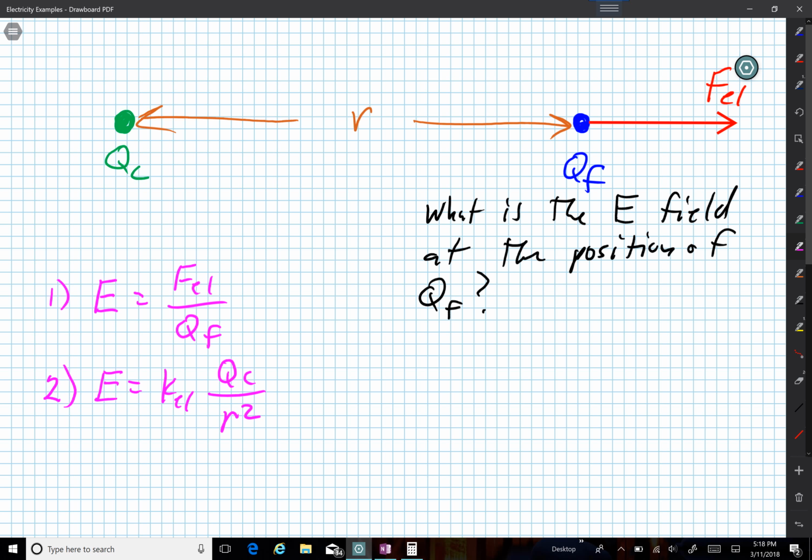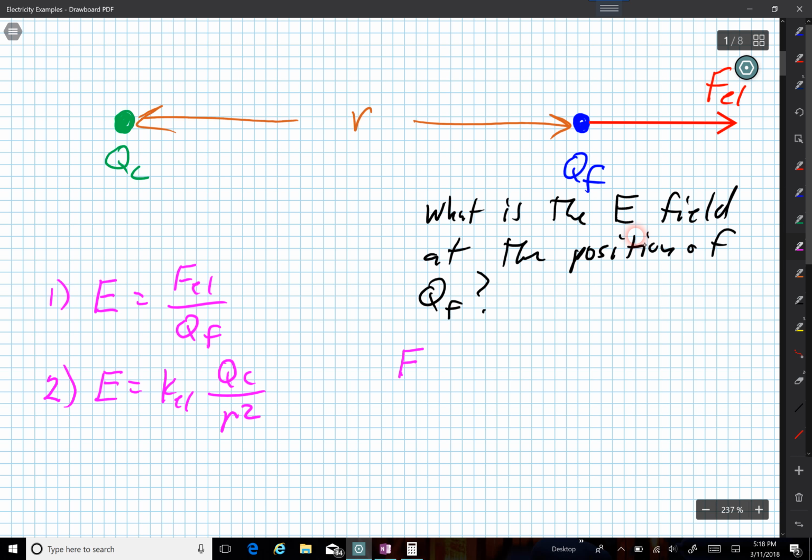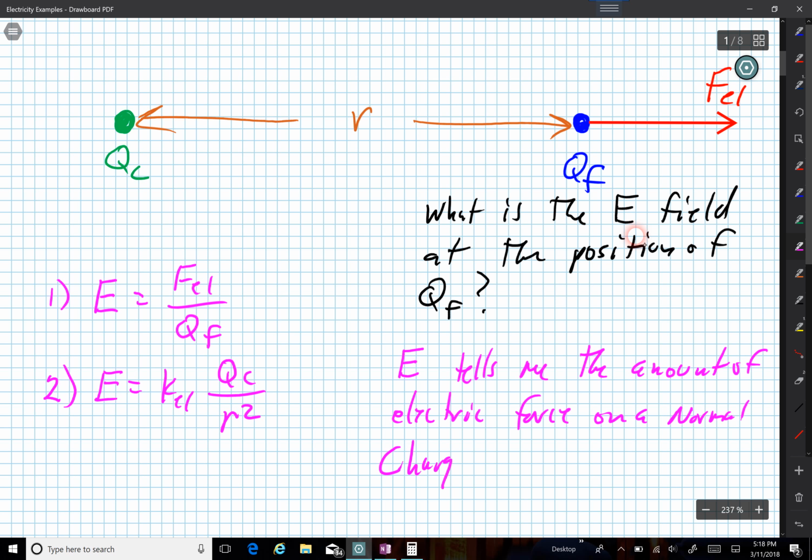And if you recall, electric field tells me the amount of electric force on a normal charge.